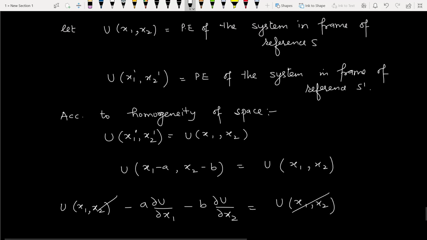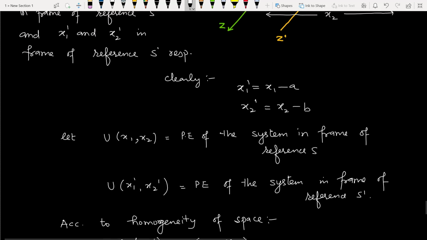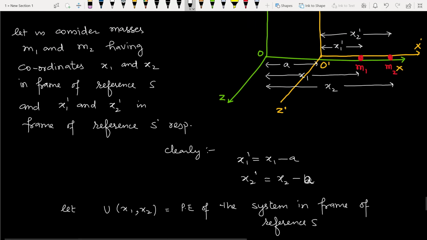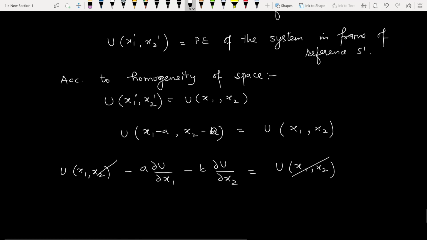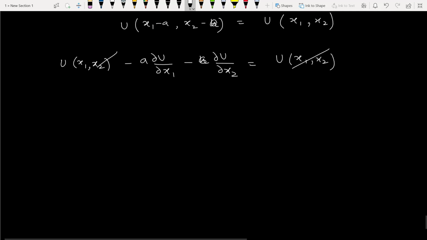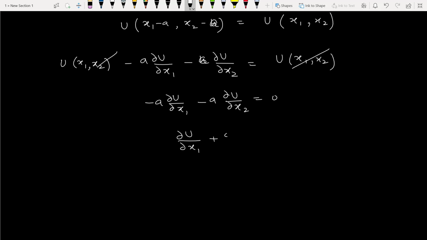Sorry, it is not B here, it is A. So U cancels, and what we are left with is ∂U/∂x1 plus ∂U/∂x2 equal to 0, after we divide each term by minus A. We mark this as equation number 1.